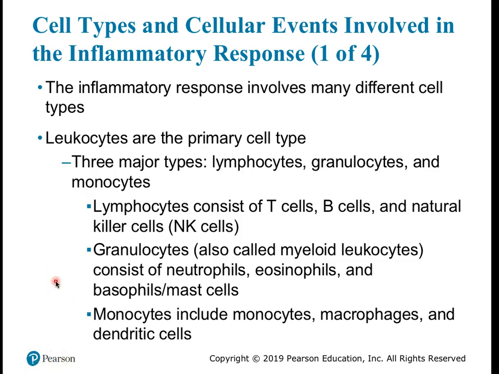So now what we're going to turn our attention to are the cell types. The cell types are going to be for all types of inflammatory responses. As much as what I've talked about before had to do with acute, this section is going to say whether it's acute or chronic, and it's not going to make the distinction. So in various types of inflammatory responses, what are the various types of cells that you could possibly see?